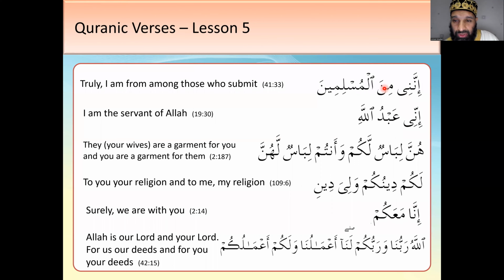But remember, you can't put a sukoon there and a sukoon there. In Arabic, you can't have two sukoons, two jazms together. You have to do something. So over here, the noon gets a fatha. It's still the min, okay? From. So truly I am from al-muslimina.